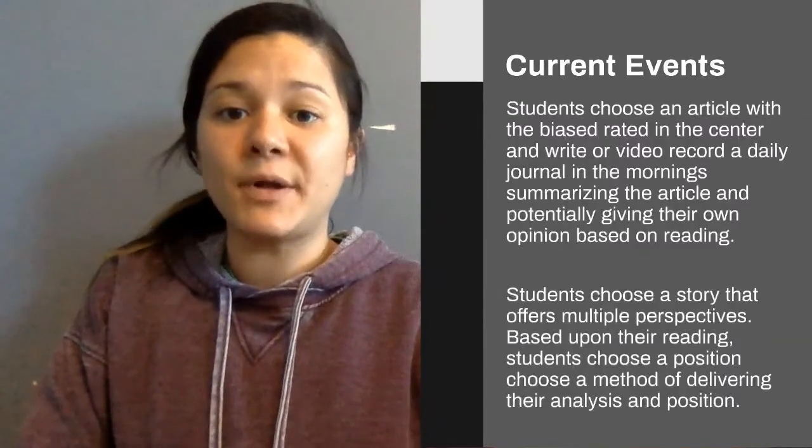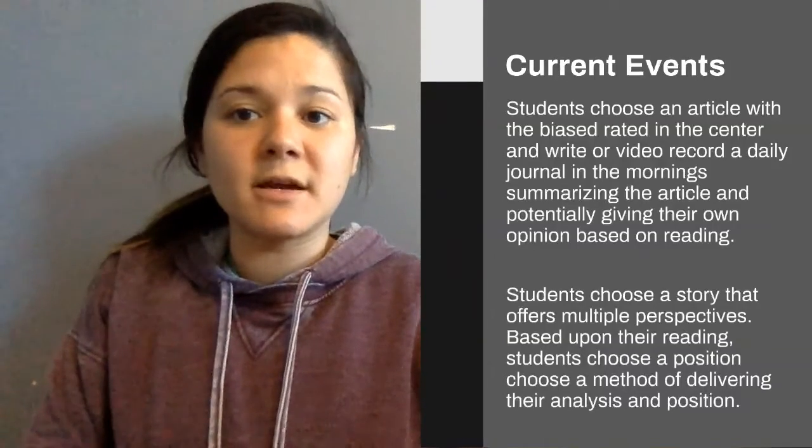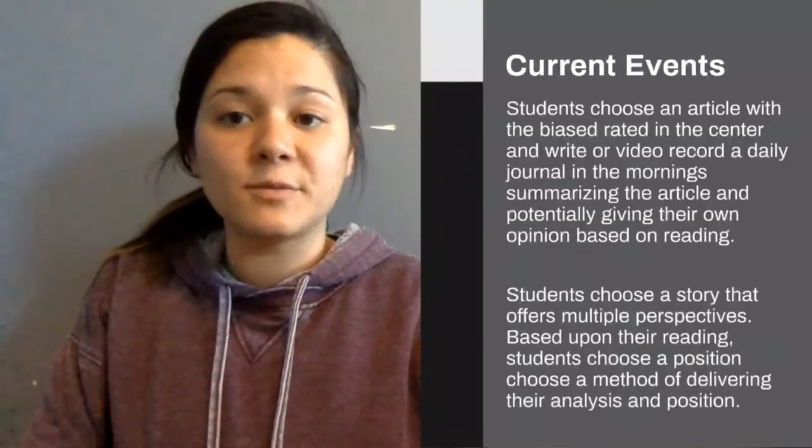The other idea I have could be a larger project in which students choose a story that offers multiple perspectives. So, based upon their reading, they're going to choose a position, and then they get to choose their method of delivering their analysis and their position.